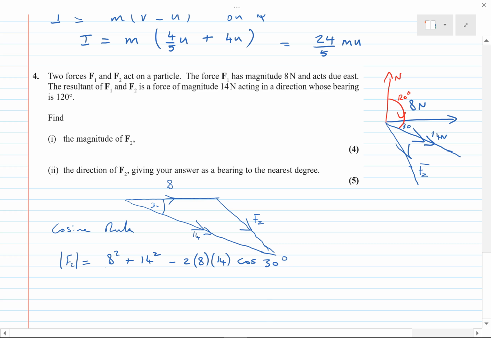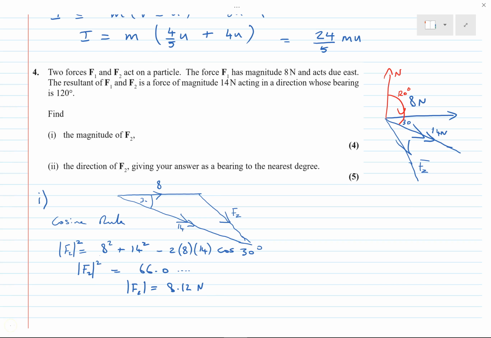Okay, and that gives me F2 squared equal to 66.0 and some of that stuff. So taking the square root of that, F2 is equal to 8.12 newtons.